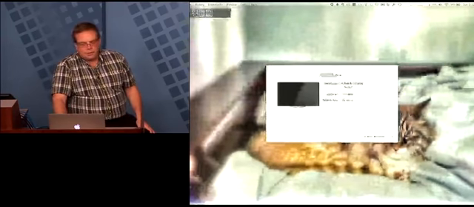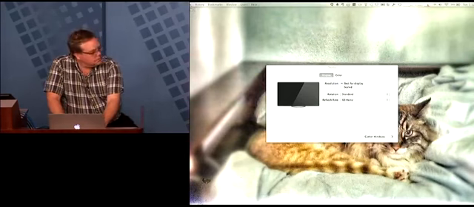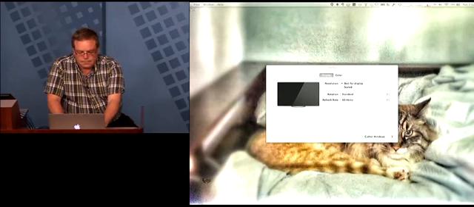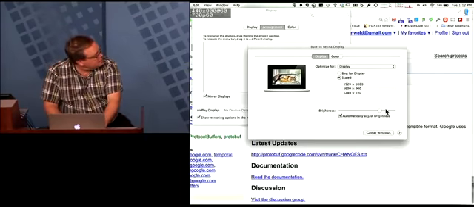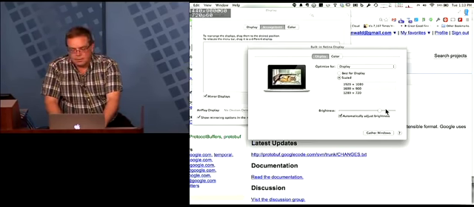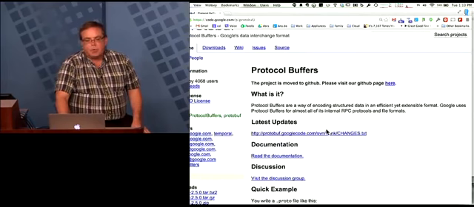Google uses something called protocol buffers to squirt data from one node to another node.